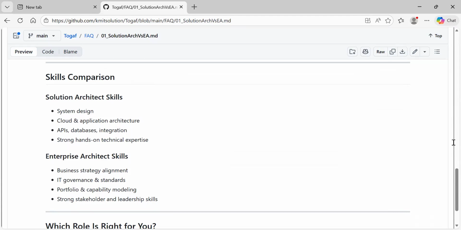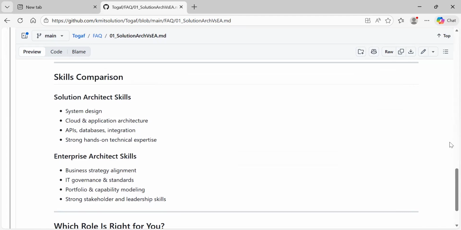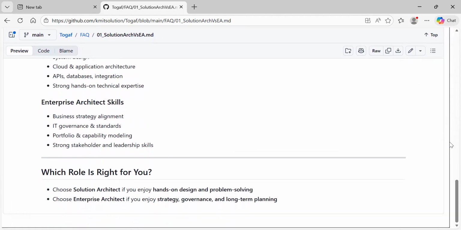So who are the stakeholders, how do they approve, how to take the approval, what is the governing body, what is the communication plan, what are the artifacts. All these come under the enterprise architect skills. Portfolio and capability modeling, strong stakeholder and leadership skills.